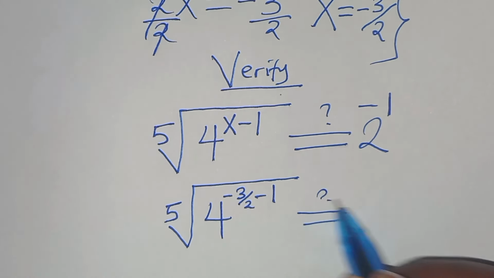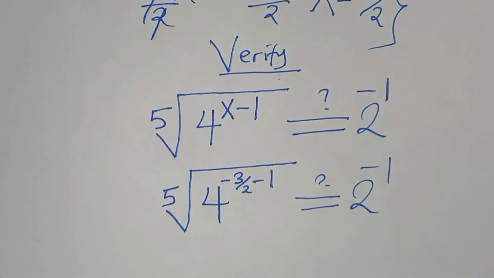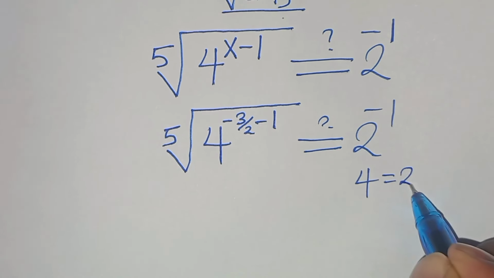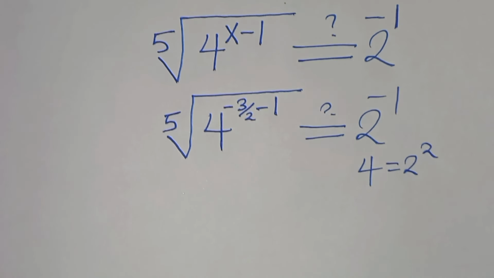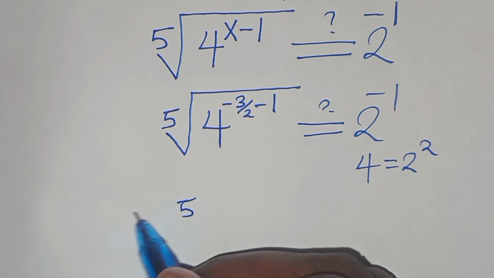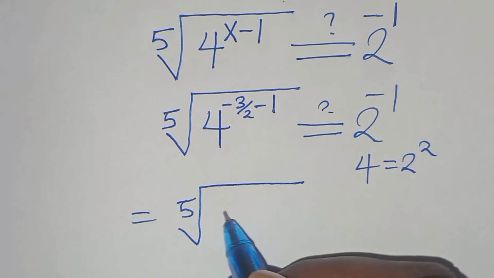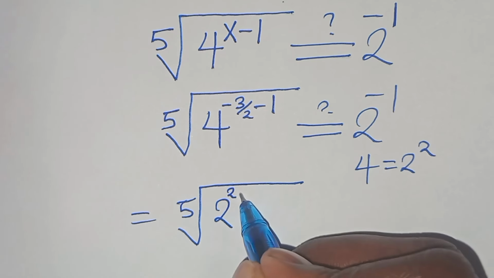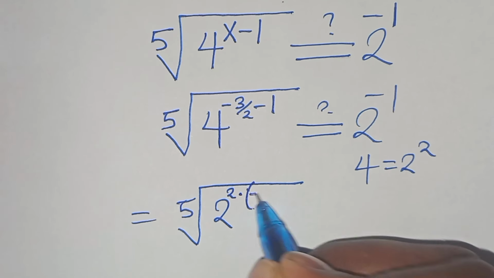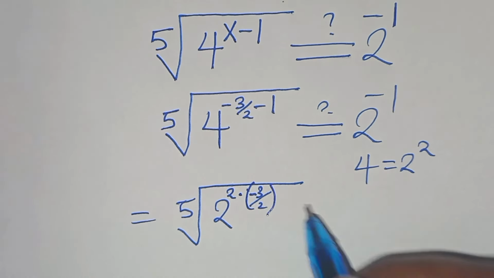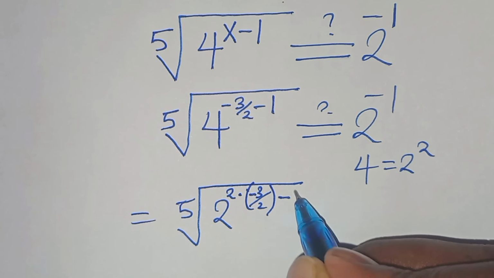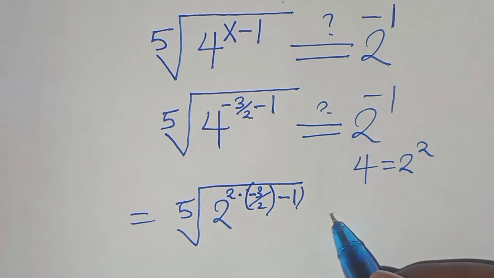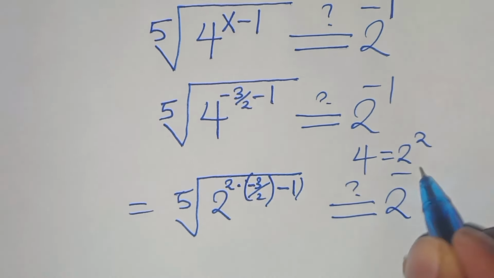This should give us a value of 2 to the power of minus 1. So we can express 4 as 2 to the power of 2. So therefore we have the fifth root of 2 to the power of 2 multiplied by minus 3 over 2 minus 1. This should give us a value of 2 to the power of minus 1.